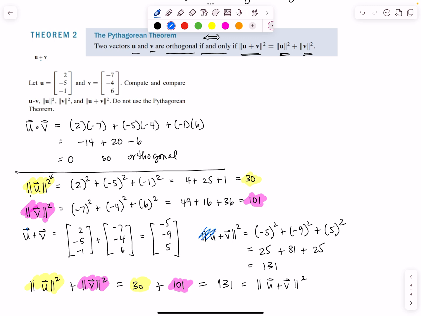The length of u plus v squared gave me 131.